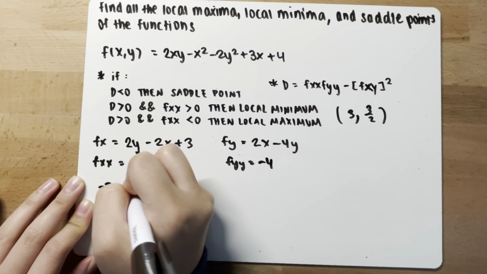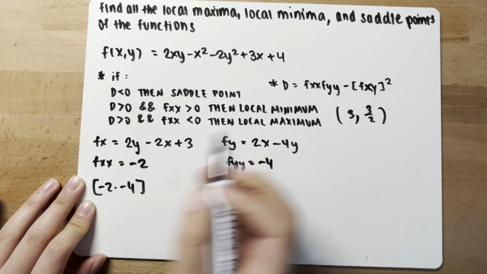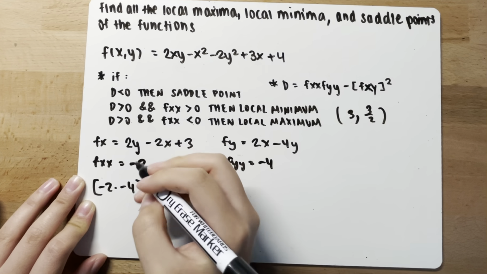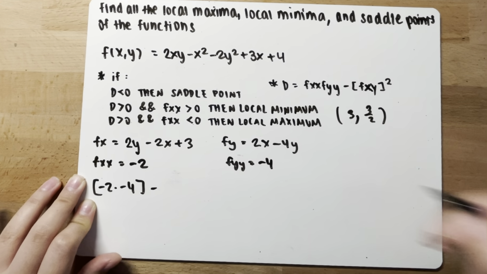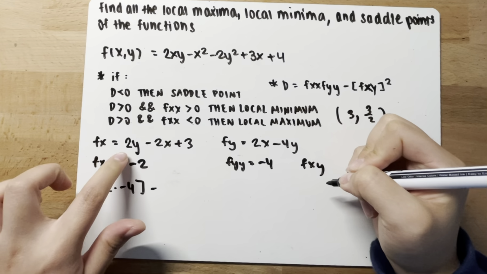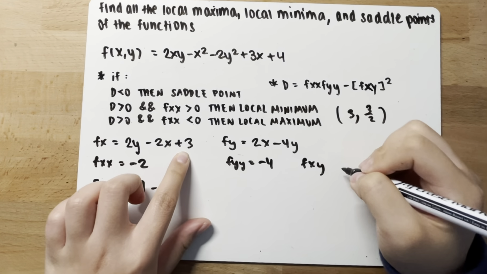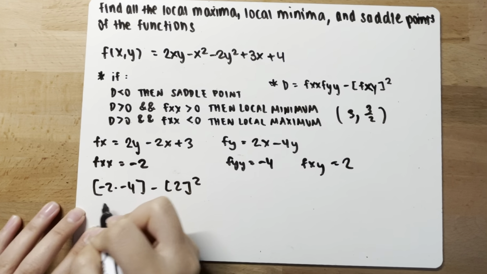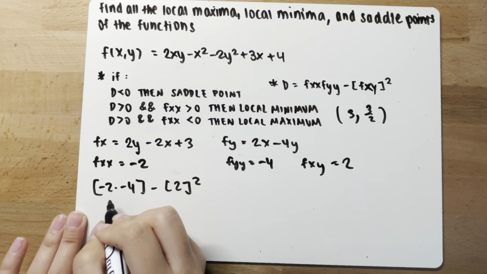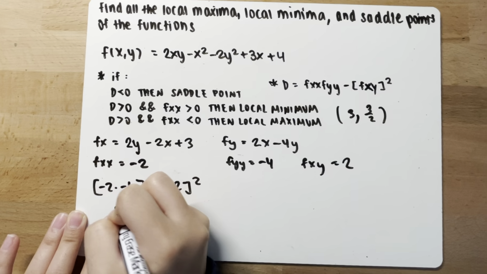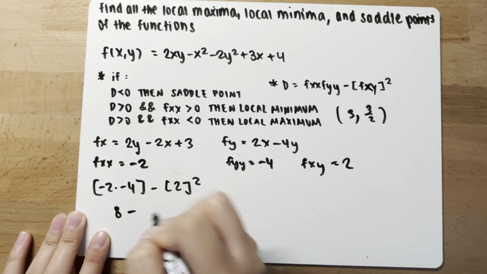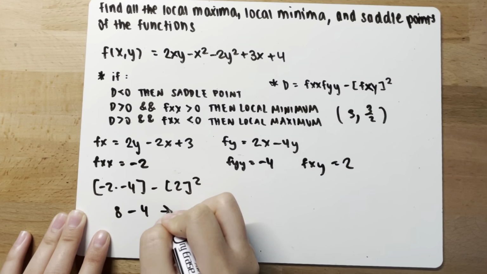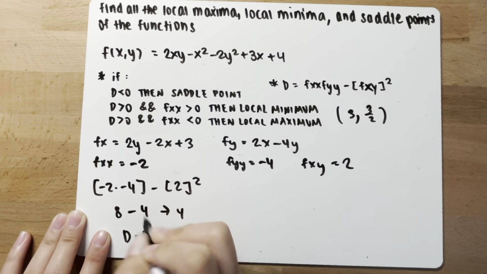Negative 2 times negative 4, I am plugging it into this equation, minus f of x of y, which you would derive in terms of y, you would get 2, minus 2 squared. So negative 2 times negative 4 is 8, minus 2 squared is 4. 8 minus 4 is 4, so the discriminant is 4.